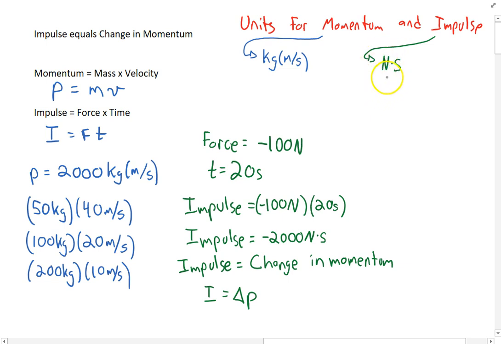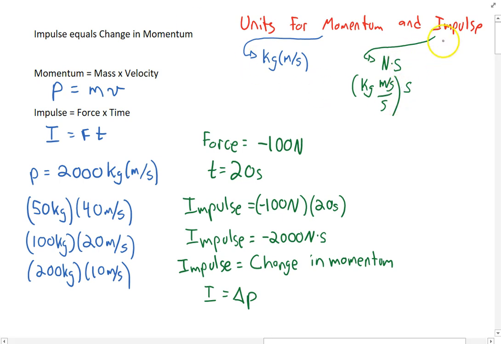Now this is where I want to focus on. Newtons is actually a combination unit. If you remembered, force is equal to mass times acceleration. So 1 newton is actually a kilogram times meters per second per second. This is a newton right here. It's a combo unit. And then I multiply that by seconds.